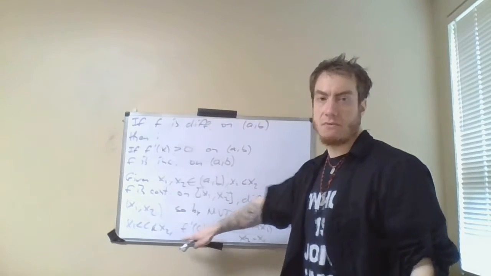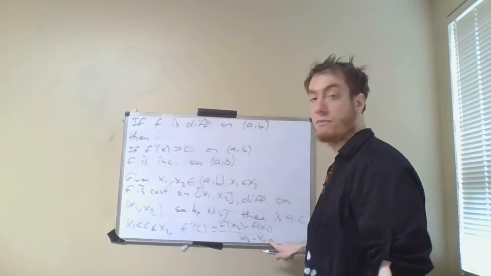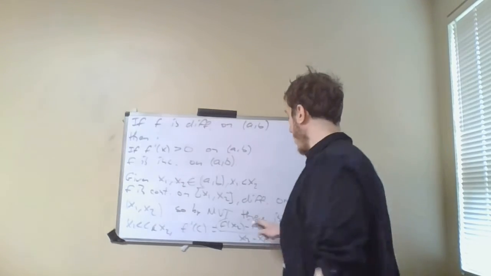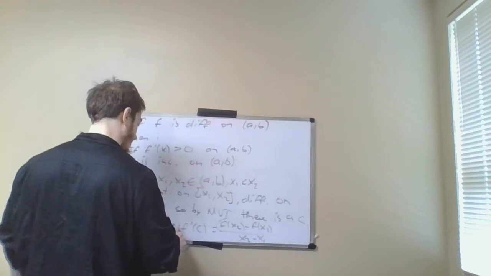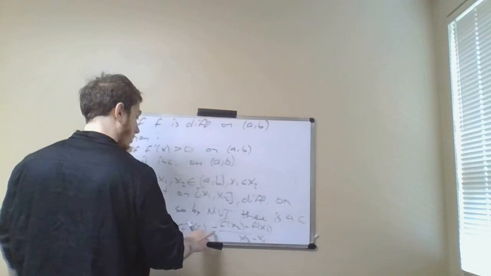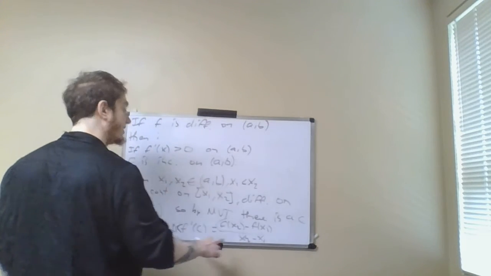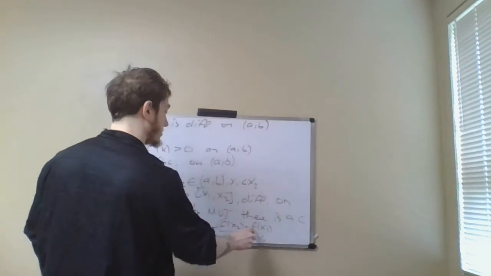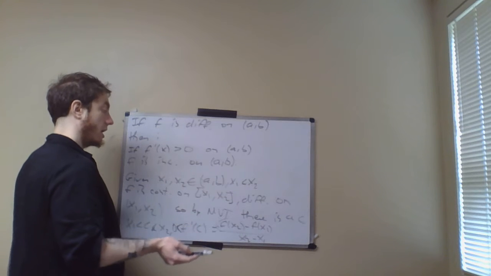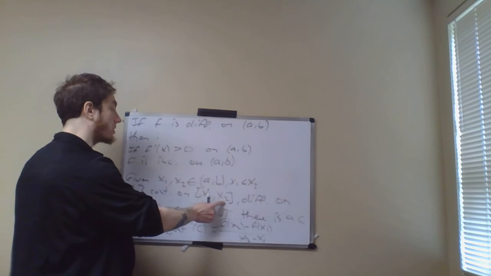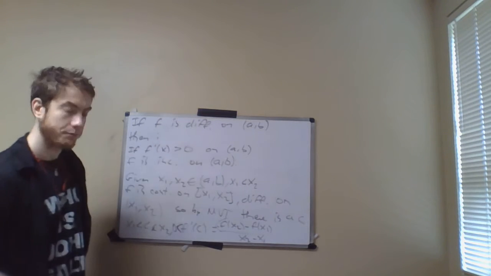Because if this is positive, then this fraction has to be positive. And therefore, this numerator has to be positive. So we can say, really, 0 is less than f prime of c, which is equal to this ratio. But that means that this numerator has to be bigger than 0. And therefore, f is actually bigger at x2 than x1.